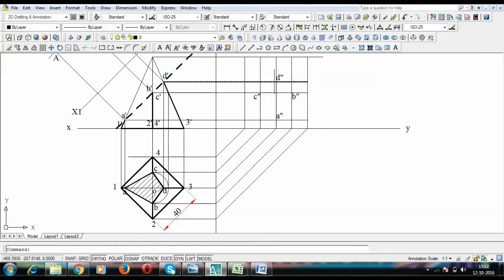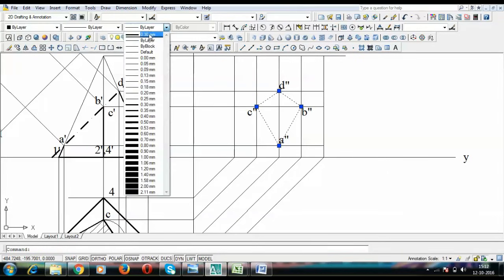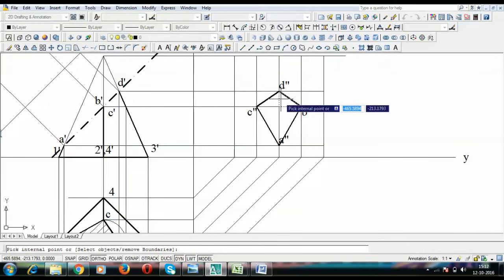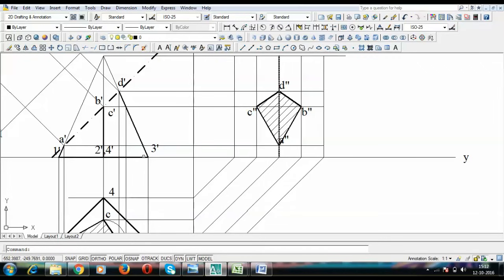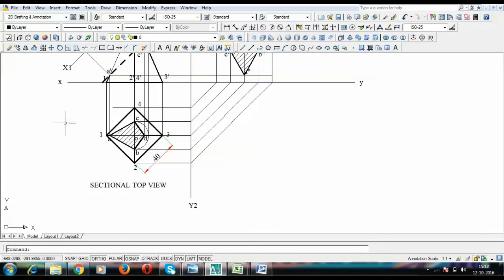Fine. Now let us join all these points with the help of a line: C to A, A to B, D, and back to C. Let me darken this. Let me hatch this also. Well, that's it, guys. Now these base points from the left hand side: to the extreme left we have point 4, towards its right we have point 1, and then to the right of 1 we have point 2.